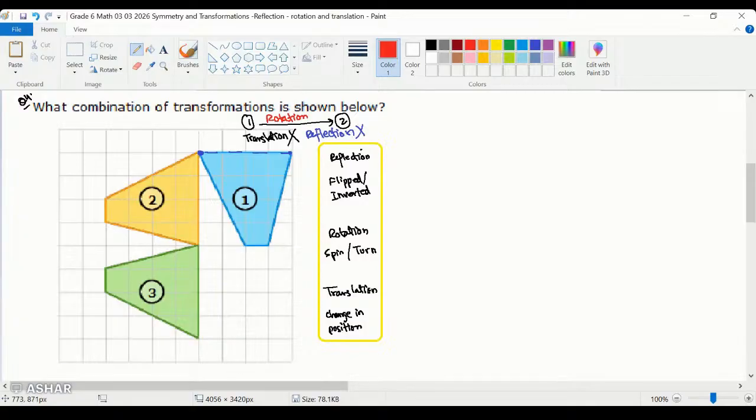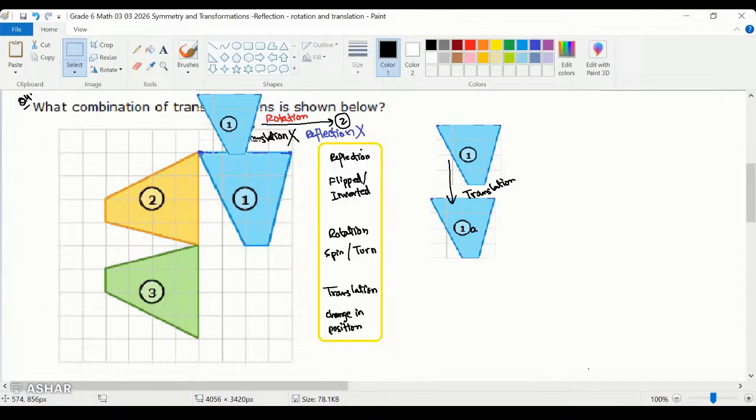I'll show you all the 3 possibilities. If this was shape number 1, I'll show you what a reflection of this shape would be. If I would say this is translation, this is 1 onto 1a, this is translation. Agreed? Shape 1, we want to see reflection.